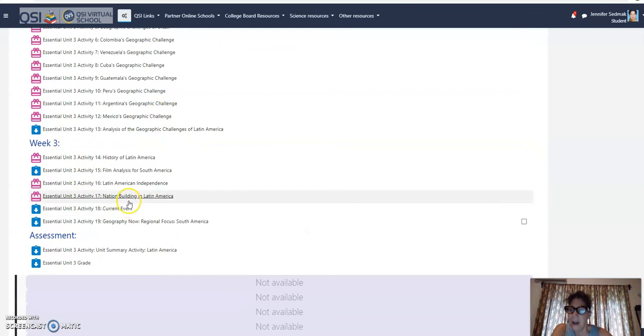Following on, after these Latin American states gained independence from the European countries, they were faced with the task to build nations. And this doesn't ever come very easy.